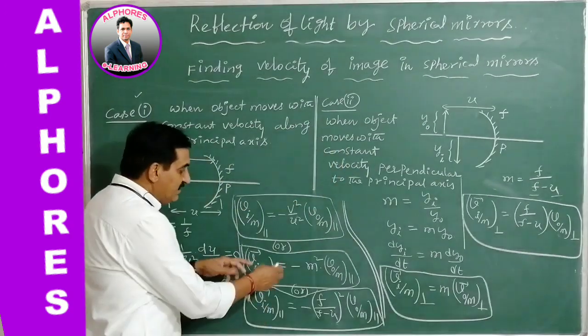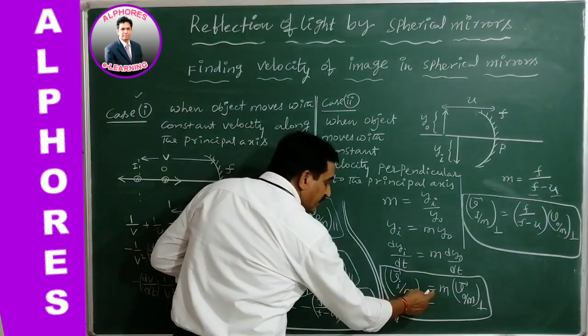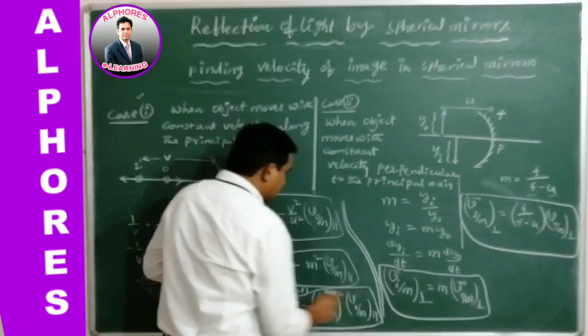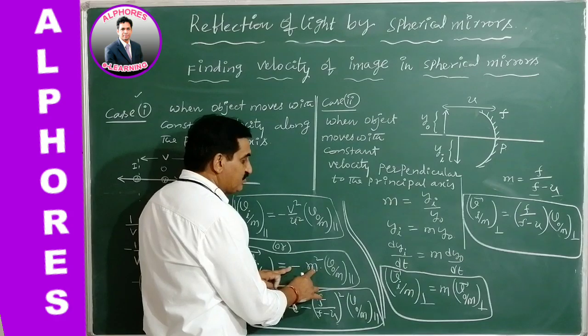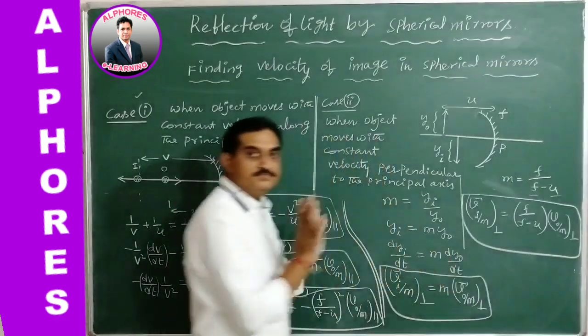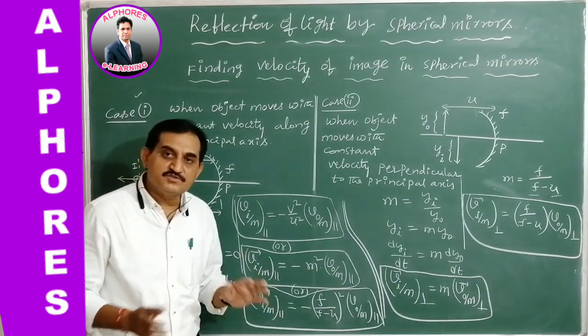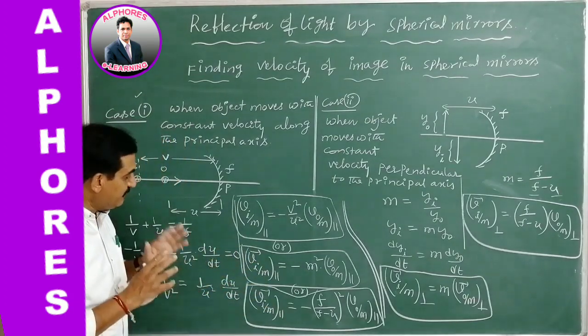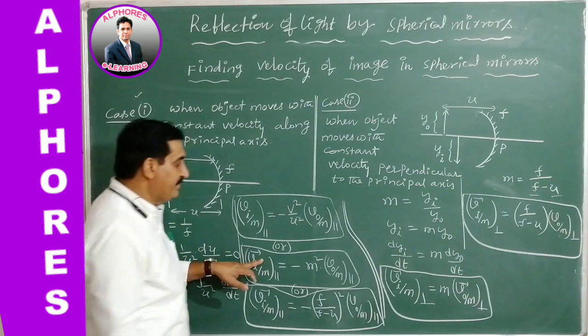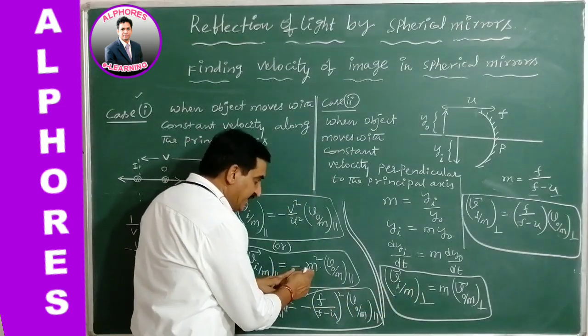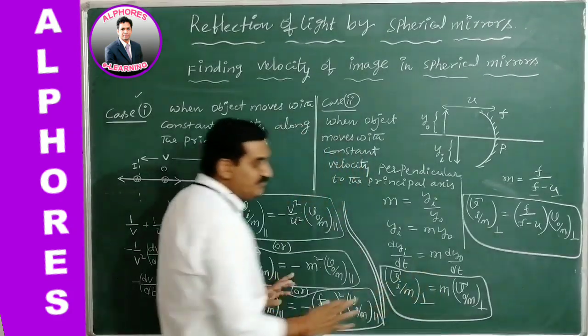When we compare this formula and this formula, what makes the big difference? The big difference is here minus m square, here plus m. Only that much difference is there between these two equations. Once again I repeat, when we compare these two equations, here minus m square, here plus m, that's all.